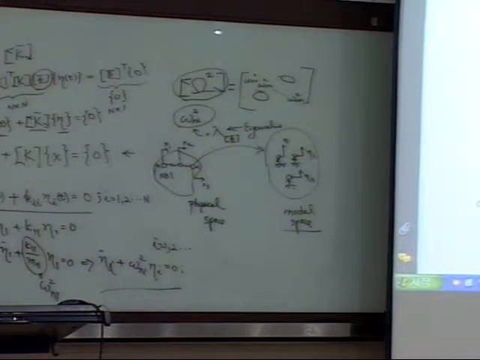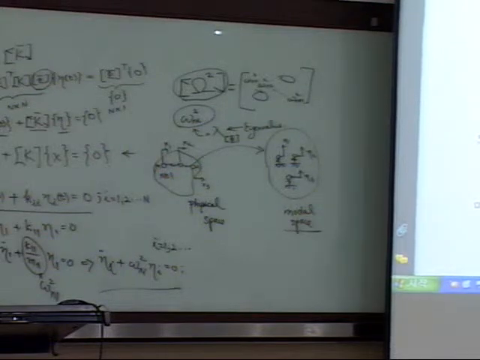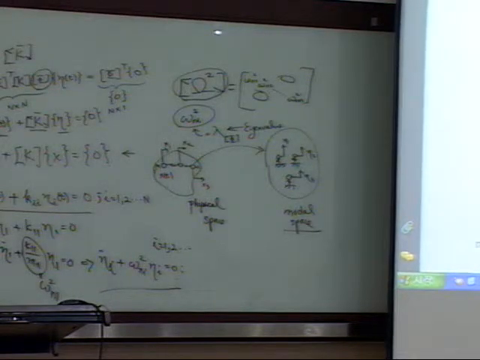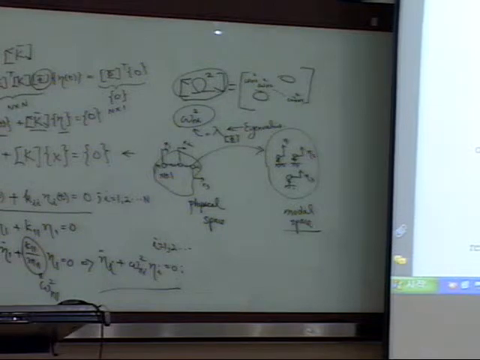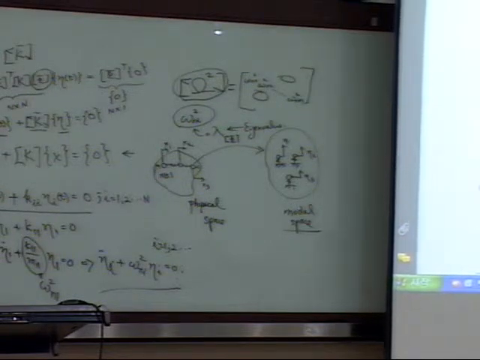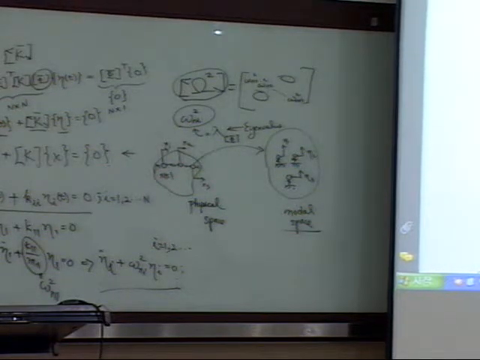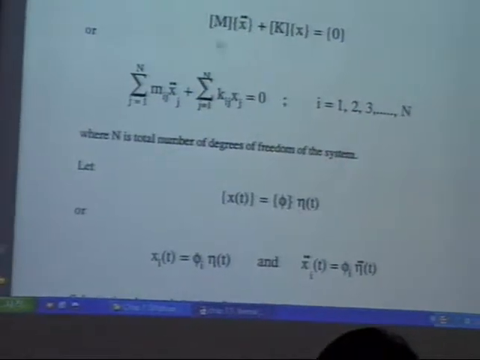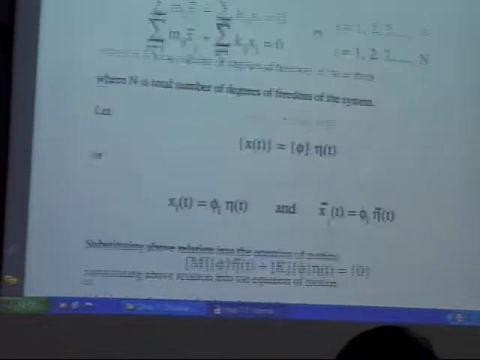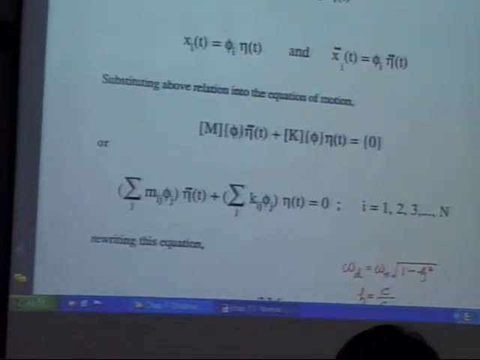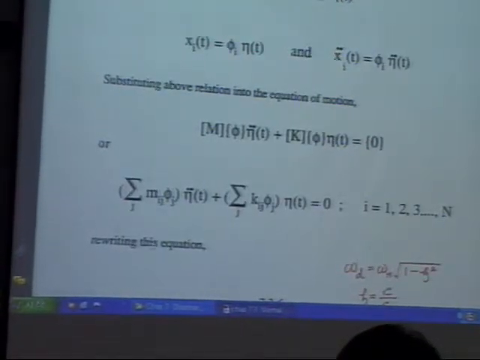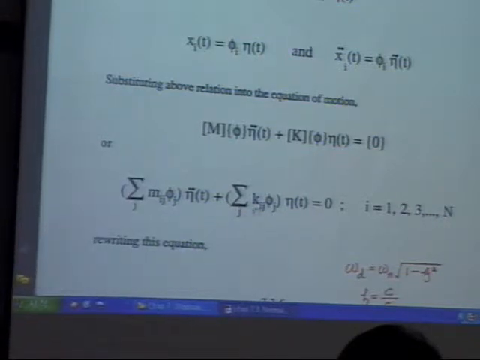Then if you take a derivative twice, then you have that. Then plug this expression back into here, then it's going to be m times phi times the eta double dot, and do the same thing over here. Then you have this, or expanded forms like this.